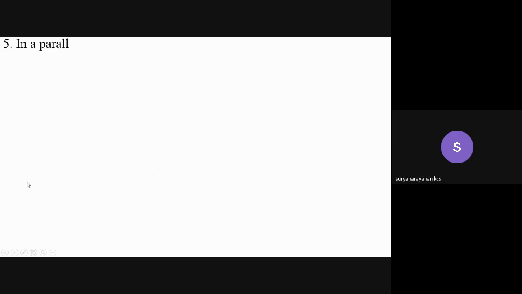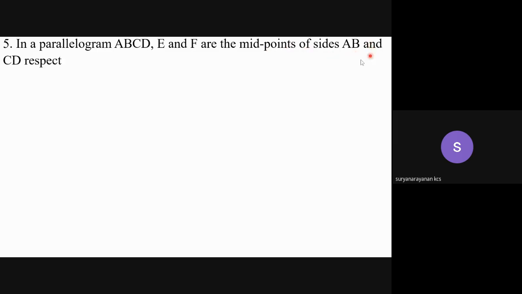Now come to question number 5. In a parallelogram ABCD, E and F are midpoints of sides AB and CD respectively. See figure 8.31.